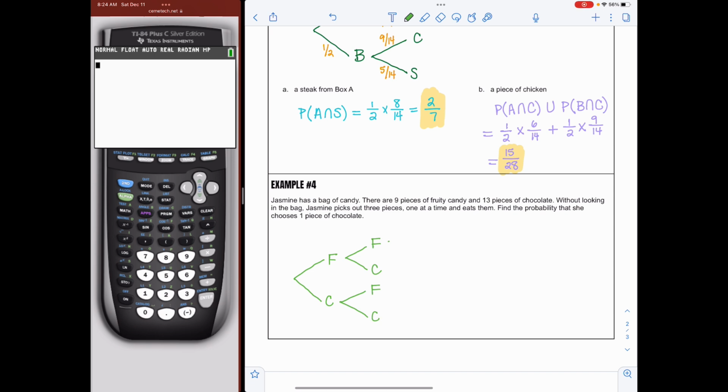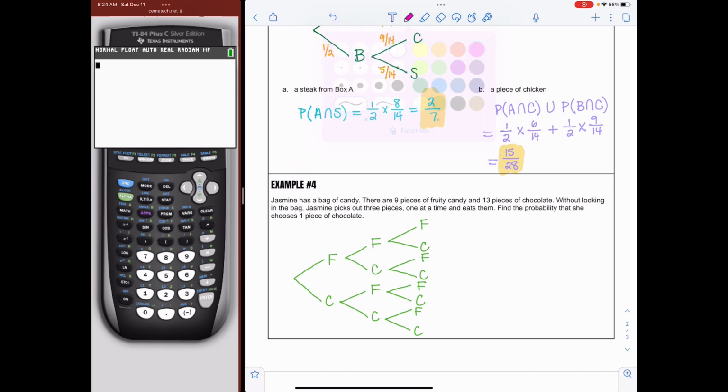And then on the third try, once again, fruity or chocolate, fruity or chocolate, fruity or chocolate, fruity or chocolate.